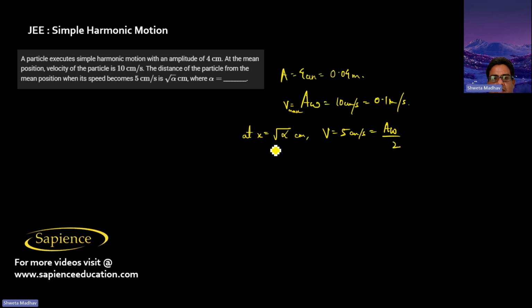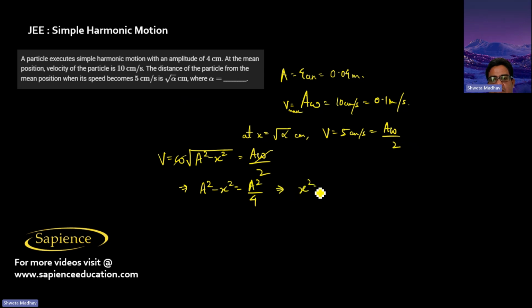Then we have to find out how much alpha will be. Now you know that V is equal to omega root over a square minus x square, and that is equal to a omega by 2. Then you can say omega will cancel out. So a square minus x square will be equal to a square by 4. Squaring both sides, x square will be equal to 3a square by 4, means a square minus a square by 4.